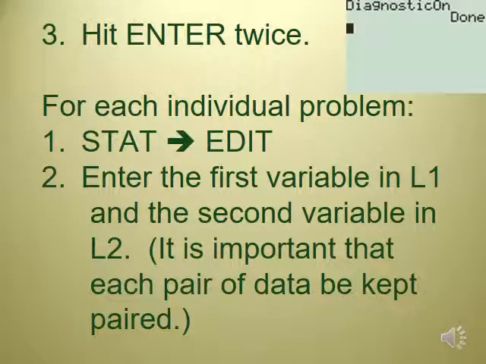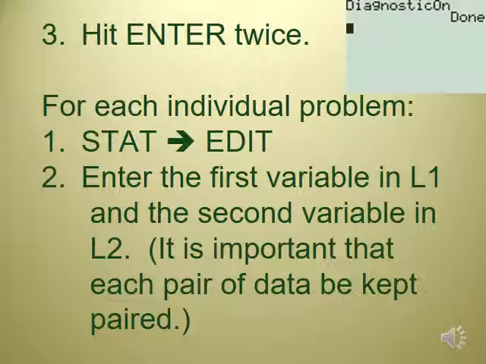Actually hit Enter twice. All it does on your screen is say Done, and it doesn't look like you did anything, but if you don't do that, your calculator is never going to tell you what R is. And so that really is important. Go to second 0, scroll down to Diagnostic On, and hit Enter twice.